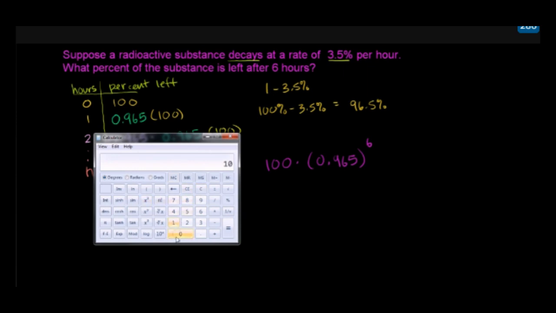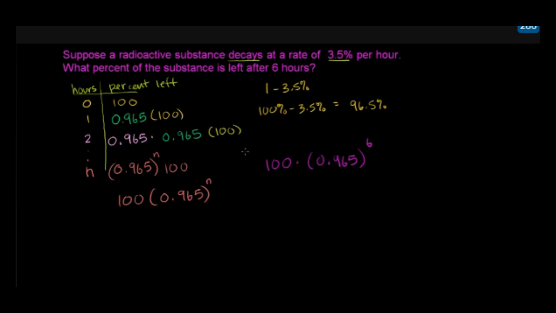So we have 100 times 0.965 to the 6th power, which is equal to 80.75. This is all in percentages. So it's 80.75% of our original substance.